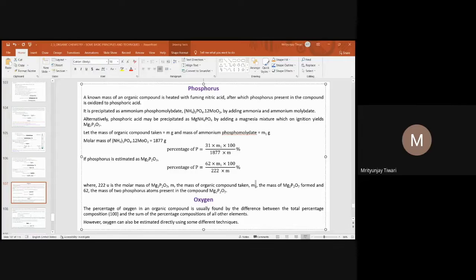One of the methods is that a definite mass of an organic compound is decomposed by heating in a stream of nitrogen. The mixture of gaseous products contains oxygen, and it is passed over red hot coke.